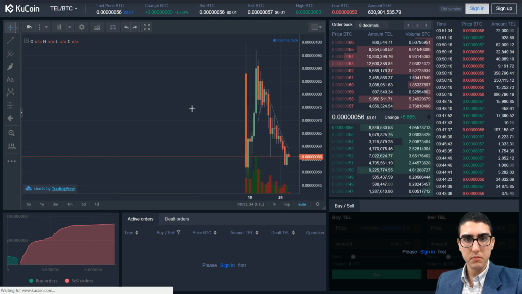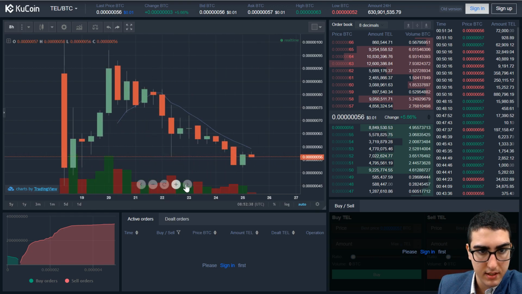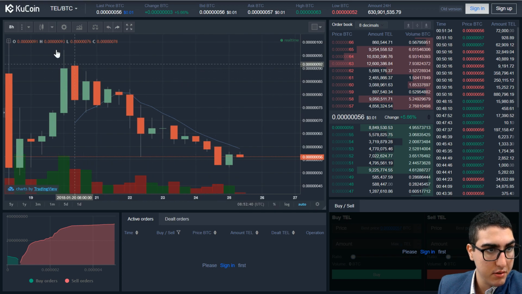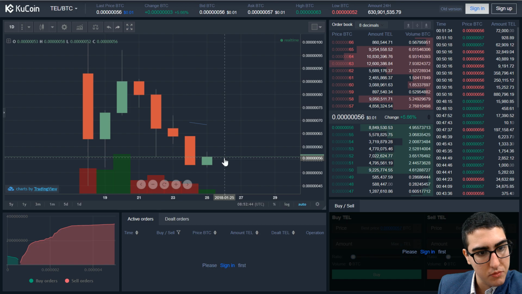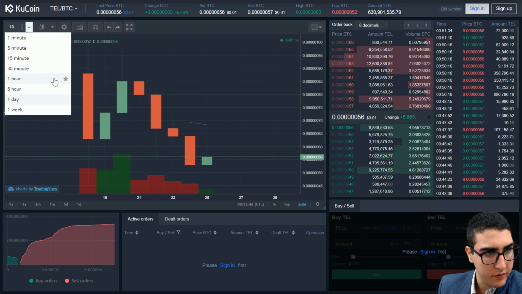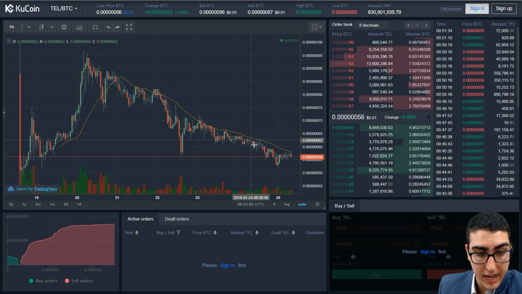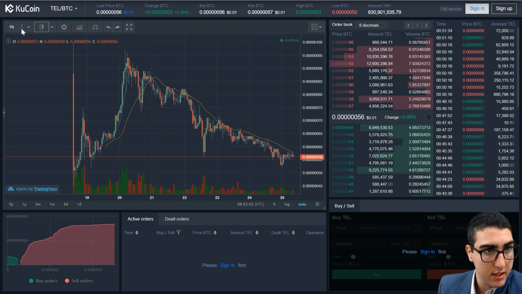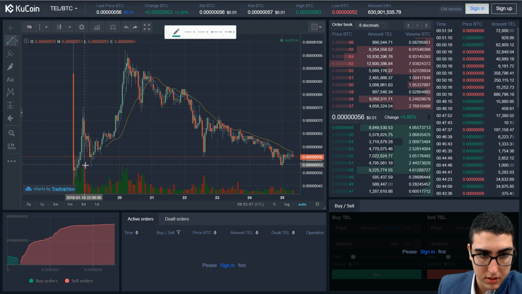That's an interesting name. So let's pull up this coin here on this chart. We'll pull up Tel BTC on KuCoin. See what's happening here. So, okay, pretty simple. In terms of where you want to buy this coin, I think we're at a pretty good spot. Well, not really, because there's not even enough data here.